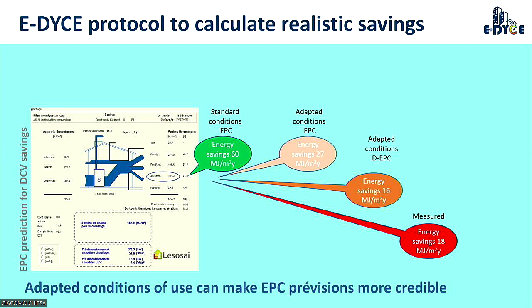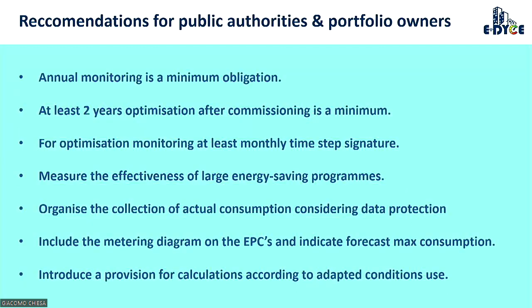But by taking into account the DEPC, we are nearer to the measured one. So we see that it is a good idea to use the dynamic for dynamic phenomena.